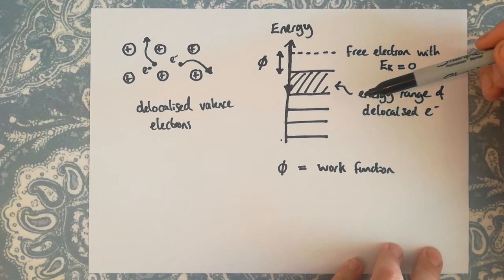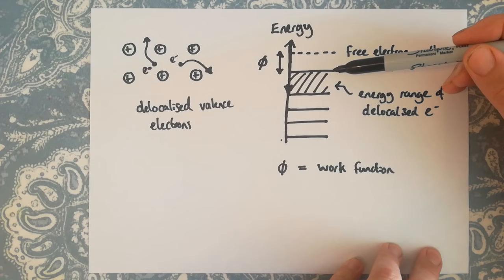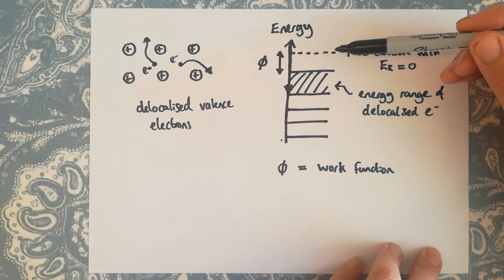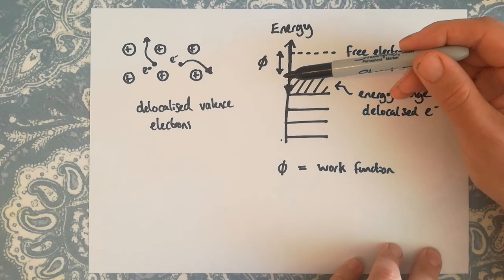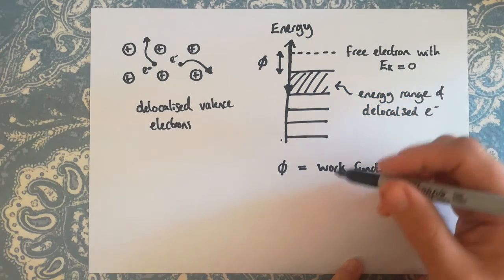So the most energetic electron in the metal is the electron that has this amount of energy, right at the top of the range of different energies that the delocalized electrons have. And in order to make that electron free, we've got to get it up to here. So this amount of energy is called the work function.